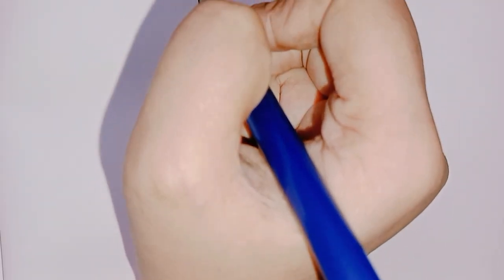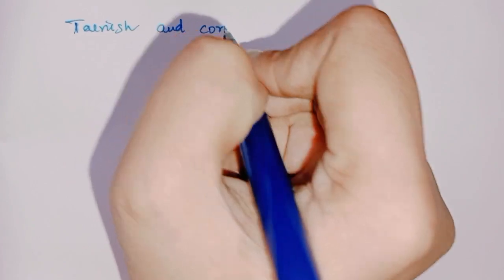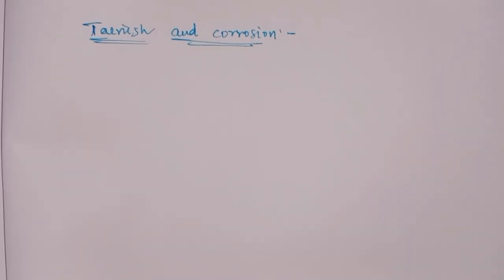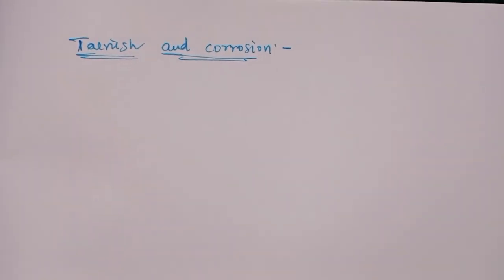Now let's discuss tarnish and corrosion. Amalgam restorations often tarnish and corrode in the mouth.